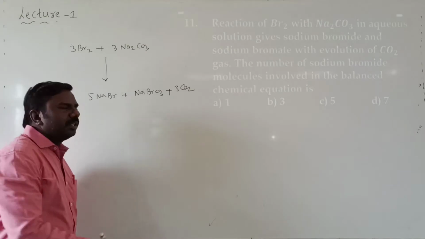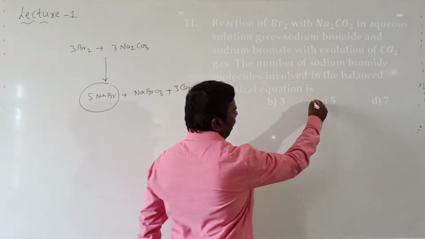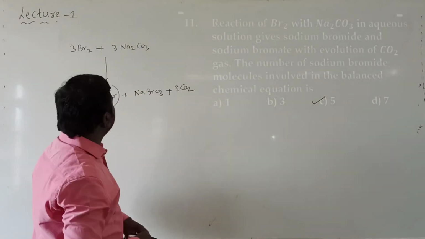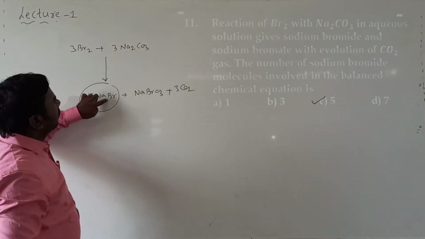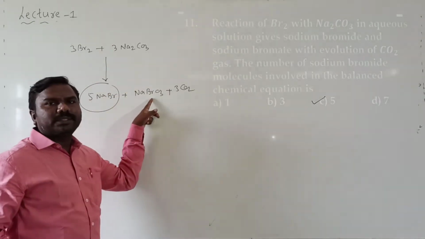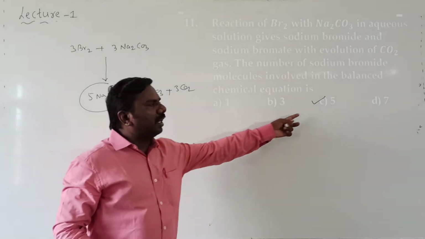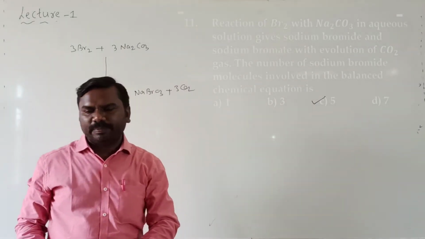Clear, all of you? How many moles are these? 5 moles. Answer will be 5. Very good. Check it. Bromine undergoes reduction to minus 1 here, and bromine undergoes oxidation. It is a disproportionation reaction. We need only the number of NaBr, totally 5. Next.